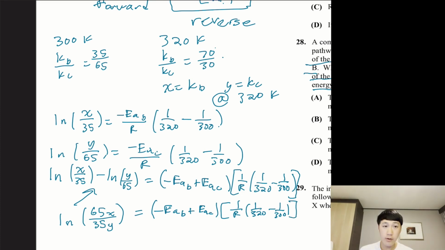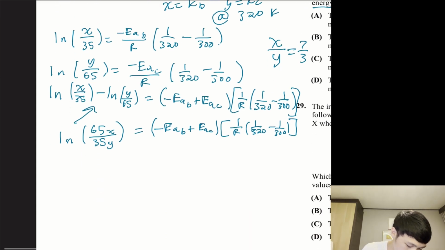Now, it seems like we're at a dead end, because now what, right? But we also know that the value of this fraction, x over y, is actually equal to 7/3, because x is Kb and y is Kc, and we know that ratio is 70/30, so this is 7/3. So we can plug that into our equation.